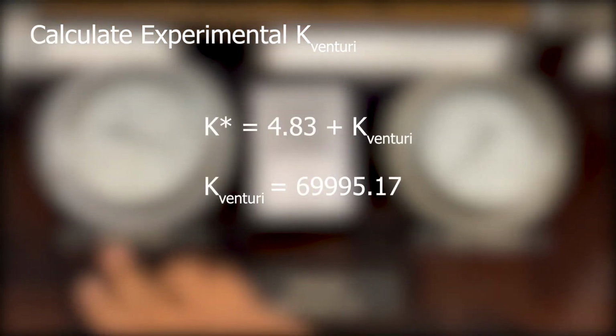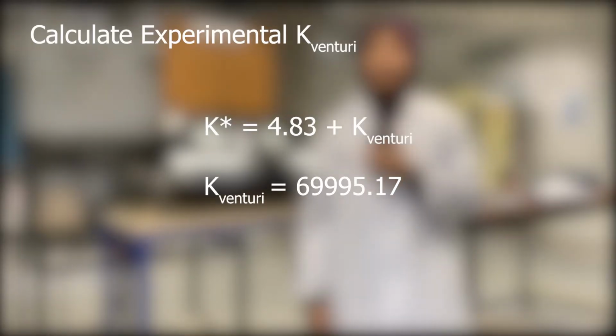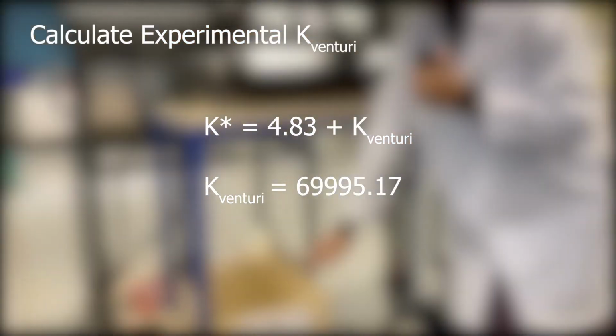Now, with the K star value, we can find the experimental value of the resistance coefficient of the venturi, or K venturi, by using the formula K star equals 4.83 plus K venturi, where K venturi equals 69,995.70.